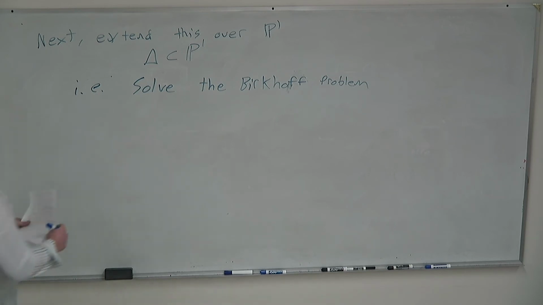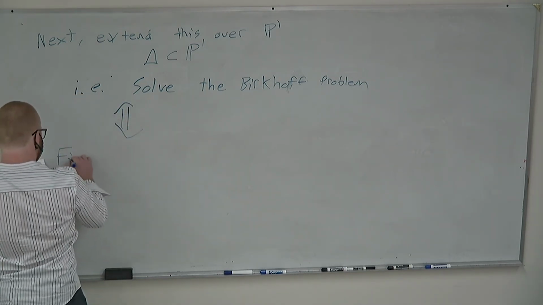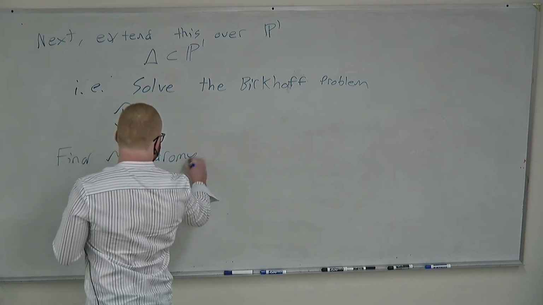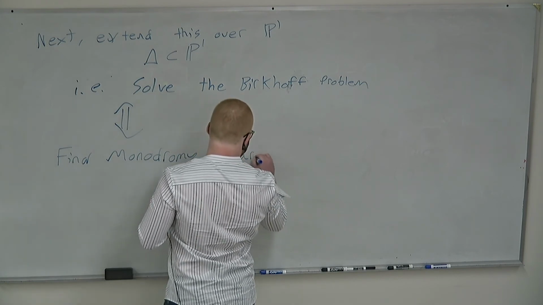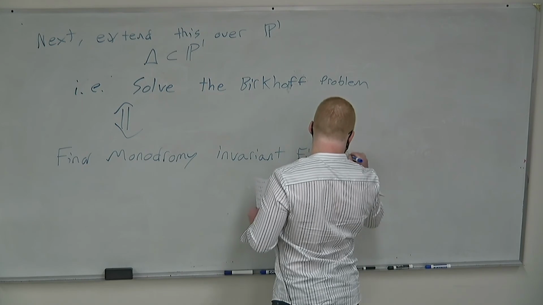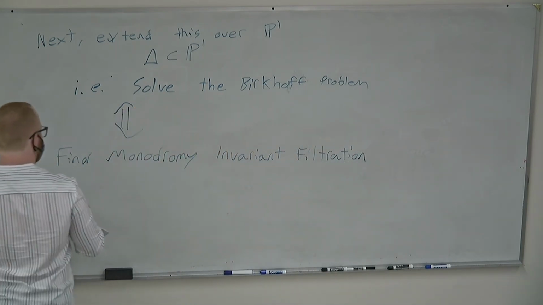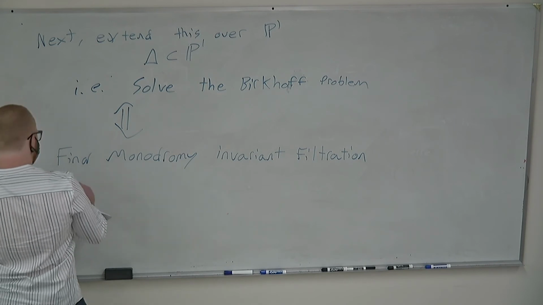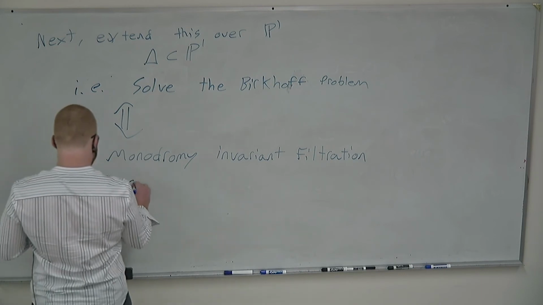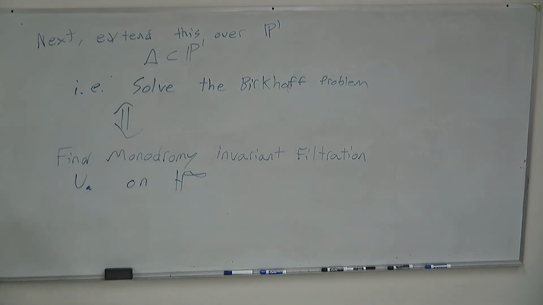What I need to do is find a monodromy invariant filtration. This is the general program whenever I want to solve the Birkhoff problem: I find a monodromy invariant filtration, say U, on this H infinity.